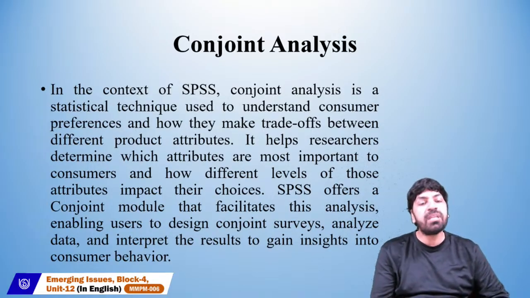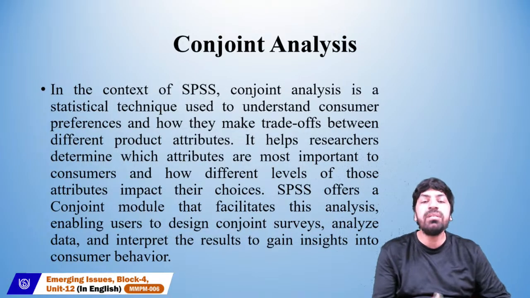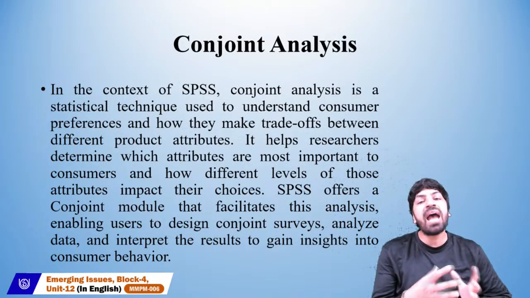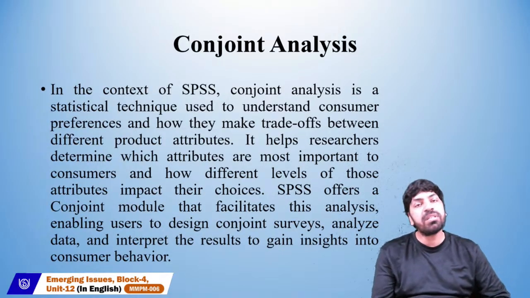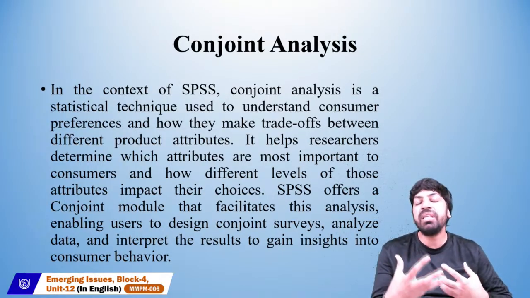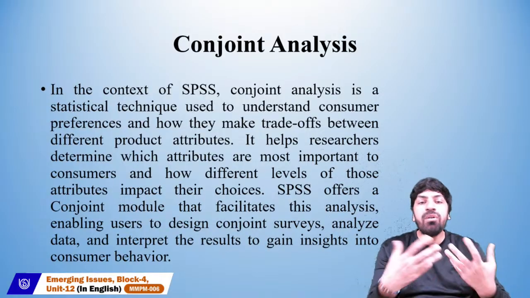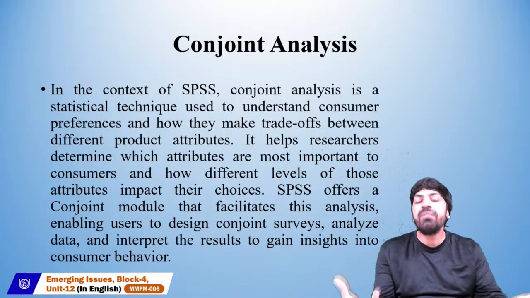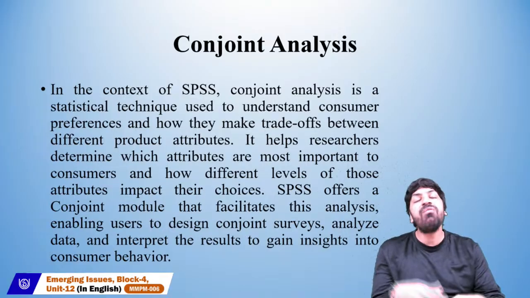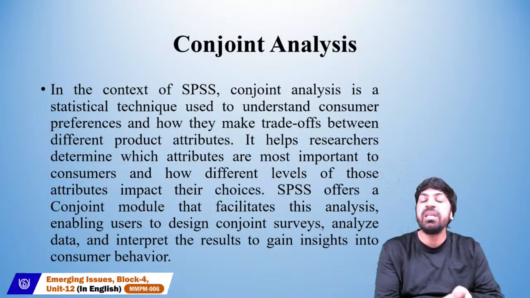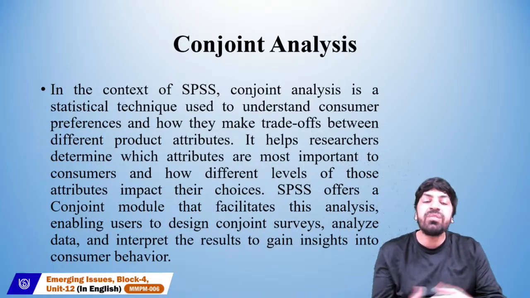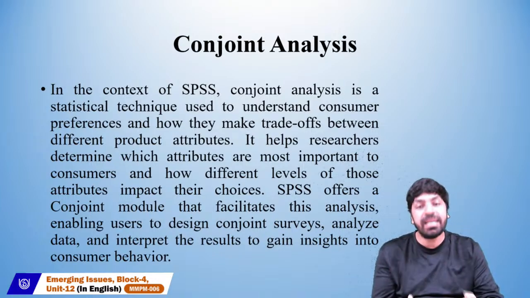It also helps researchers determine which attributes or factors are most important to the consumers when they look at different product varieties, and how different levels of those attributes will impact their choices and their interest as well.